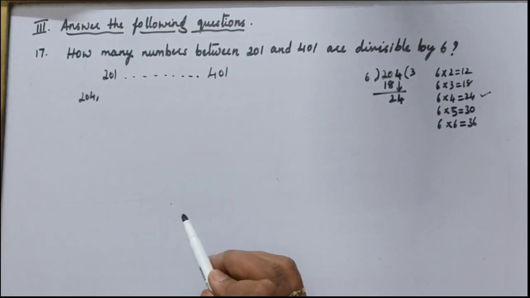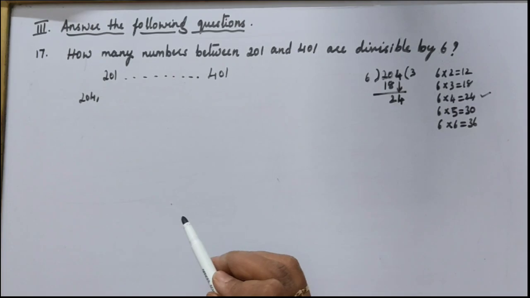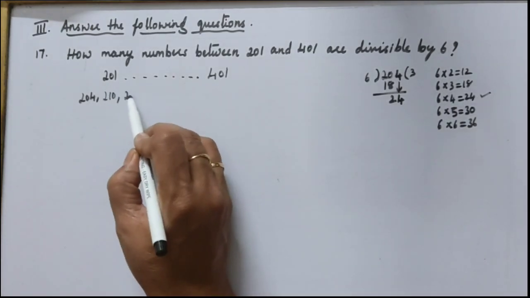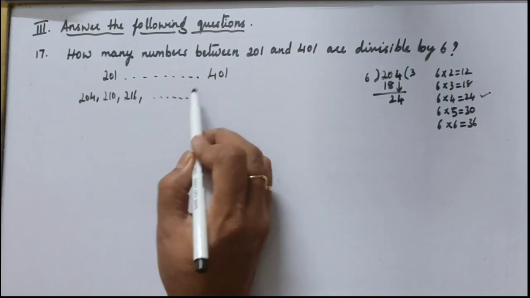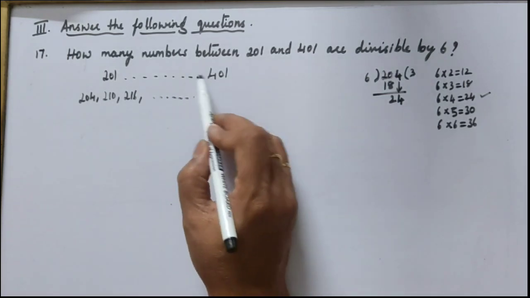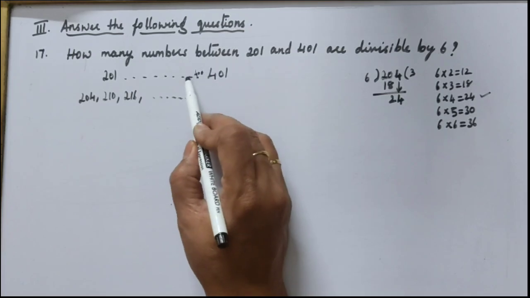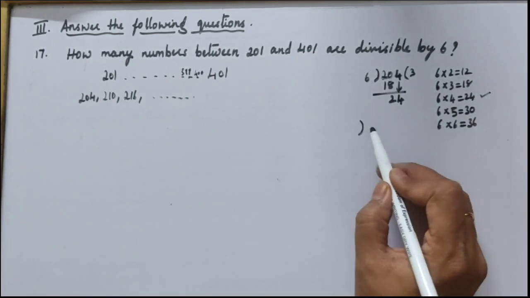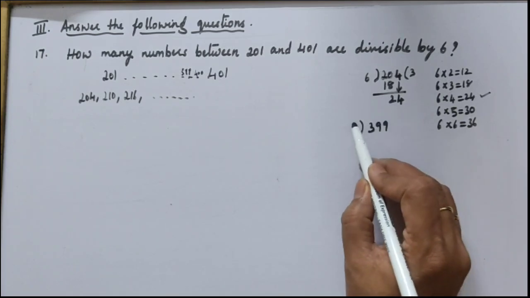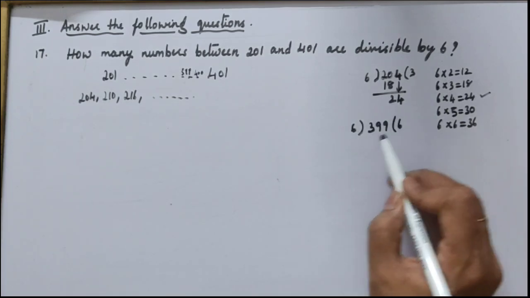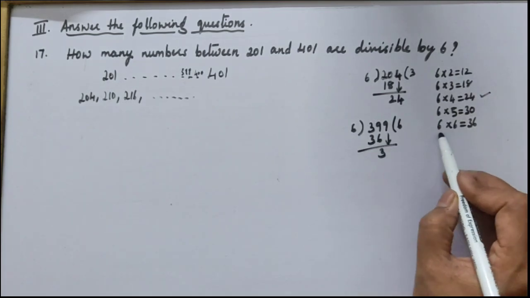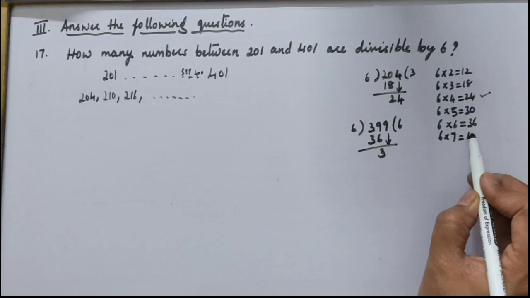What will be the next number? Let us add 6 to it: 204, 210, 216. Then what will be the last number? The last number will be 400, and before this we'll take 399. Now let us see 399. 6 6s are 36, 3 remainder. 6 7s are 42.